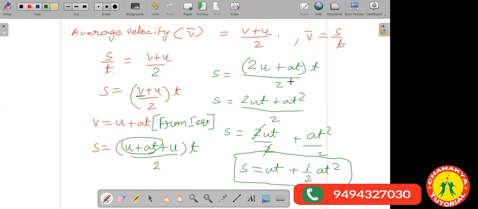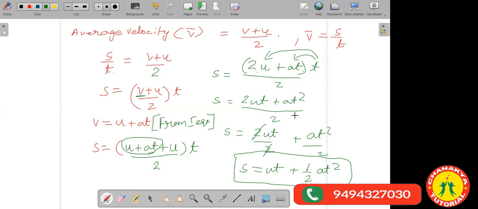After this, multiply this t inside the bracket. It gets multiplied to all the terms, and here you get 2ut plus at squared.